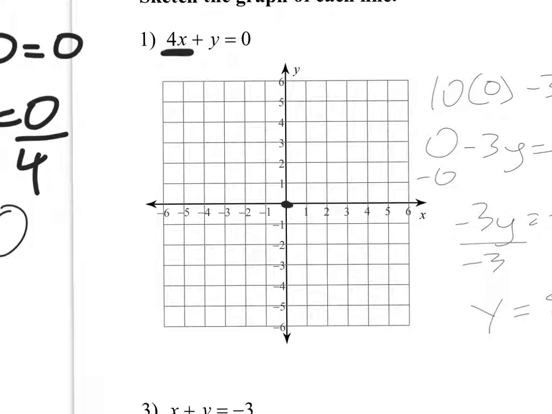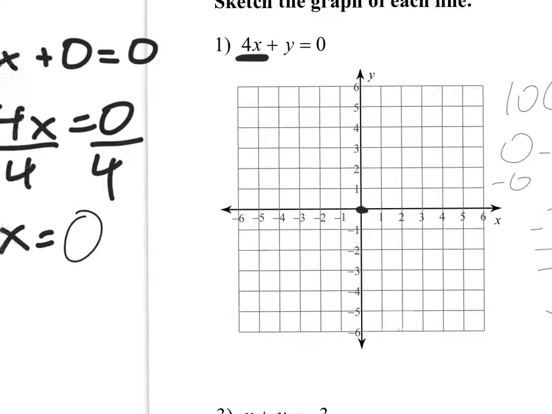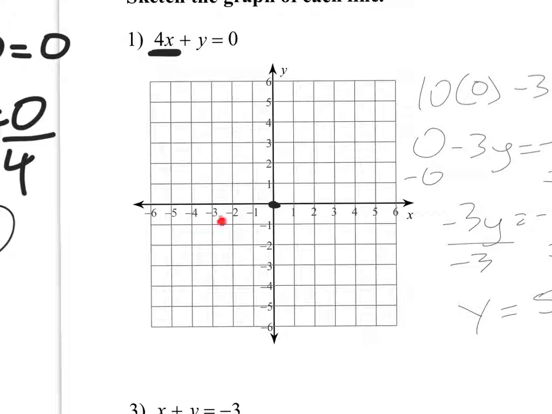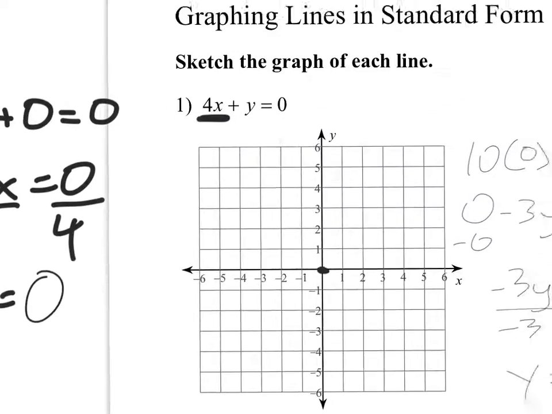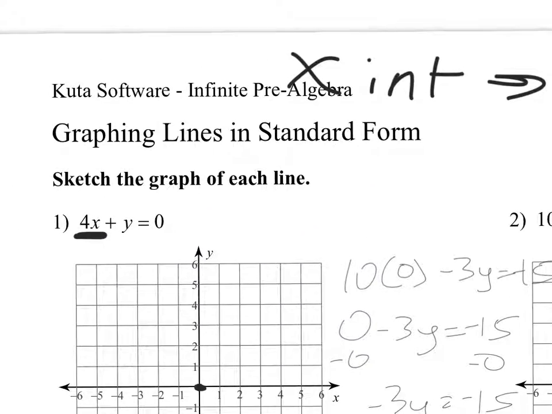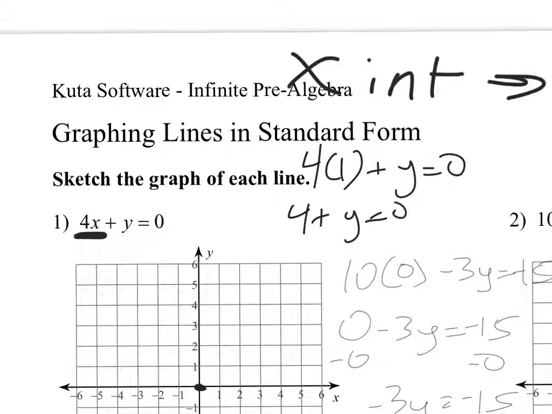So what I do is figure out an x value that I'm going to plug in and figure out a y. Let's do that up here because I'm running out of space. I'm going to plug 1 in for x, because 1 is a really simple number. I get 4 plus y equals 0.